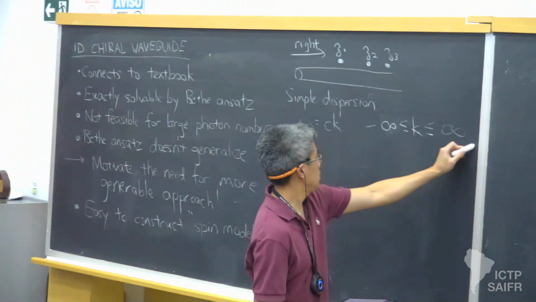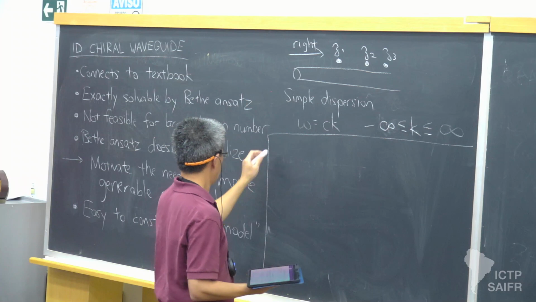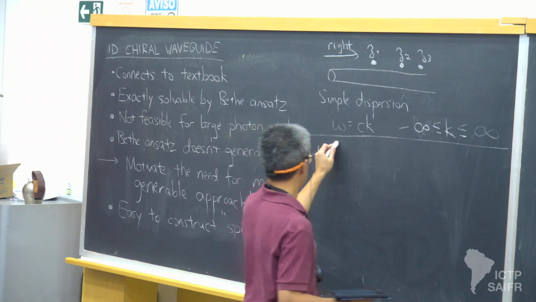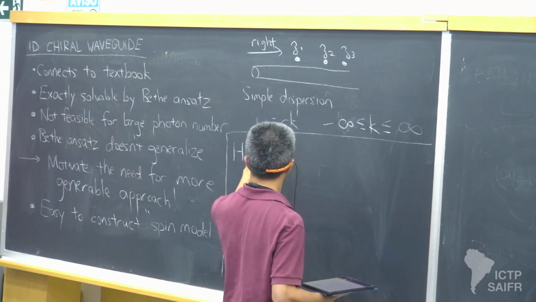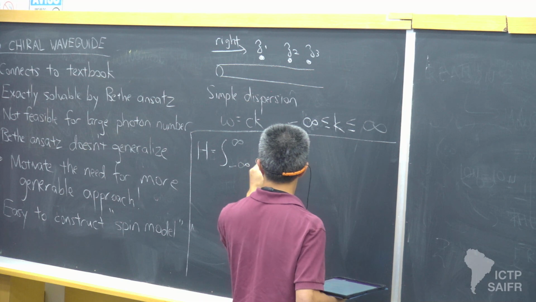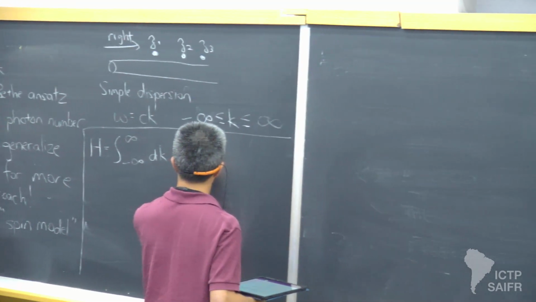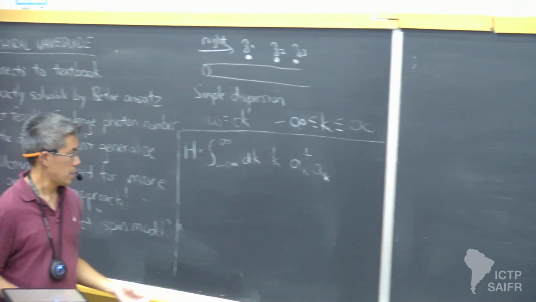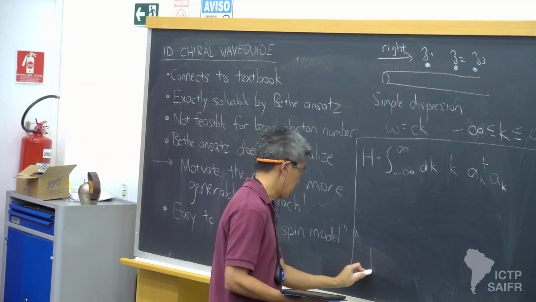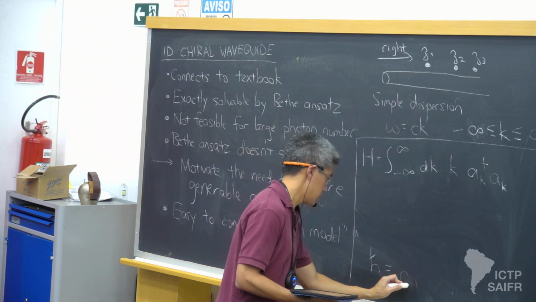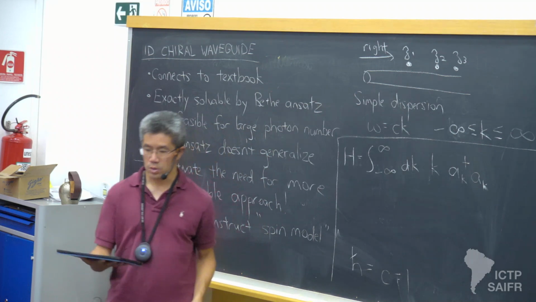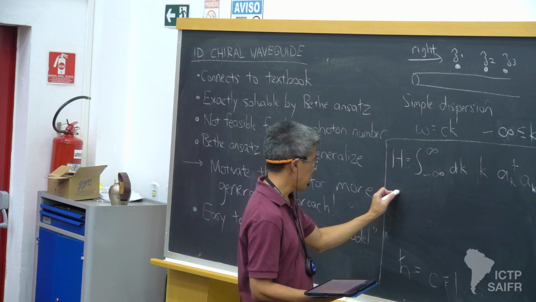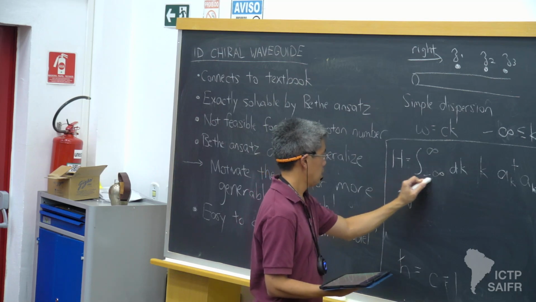And then the Hamiltonian for the system is the following. We'll have a term that describes free photons, so a_k dagger a_k. I should say here that in the following we'll set h bar and the speed of light equal to 1. So this is the free term, and then we'll also have an interaction term.